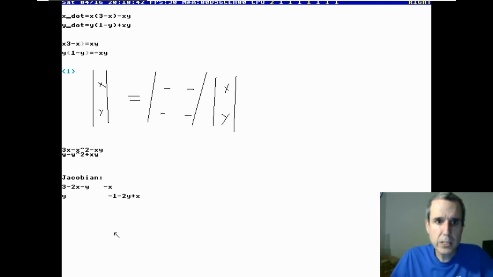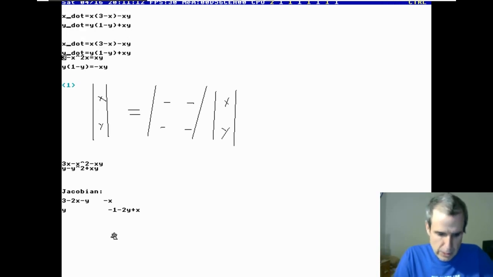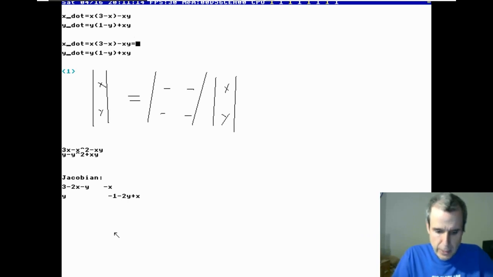So 3x minus x squared, if we divide by x, we get 3 minus x. Hold on a second. Okay, so equals 0, equals 0.